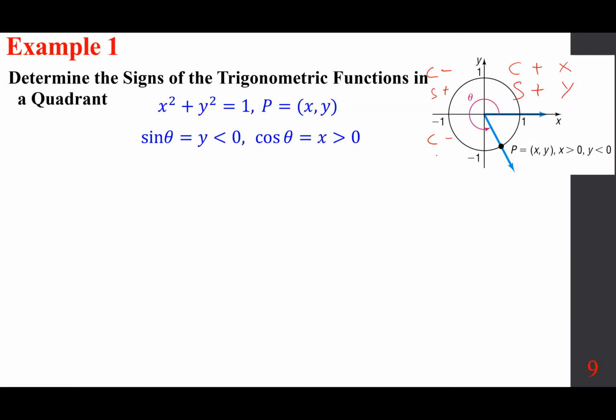In the third quadrant, cosine and sine both of them are negative because x and y are negative. In the fourth quadrant, x is positive, cosine is positive, y or sine is negative.